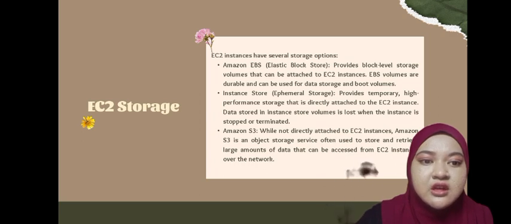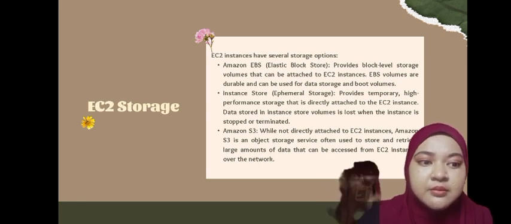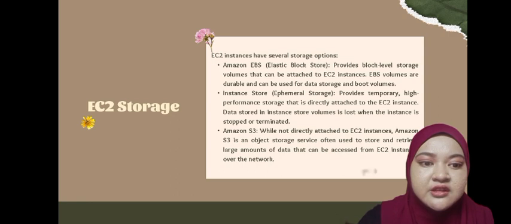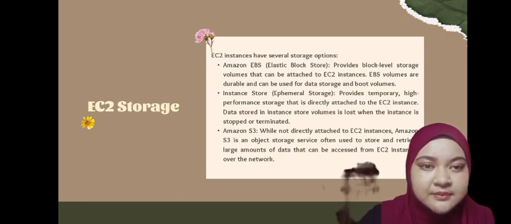EC2 storage has several storage options. First is Amazon EBS, Elastic Block Store, which provides block-level storage volumes that can be added to EC2 instances. EBS volumes are durable and can be used for data storage and boot volumes. Instance storage, or ephemeral storage, provides temporary high-performance storage that is directly attached to the EC2 instance.